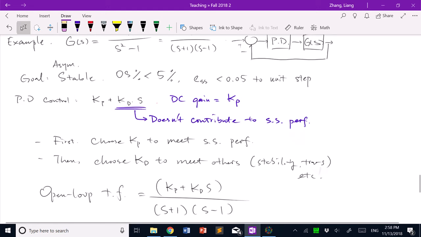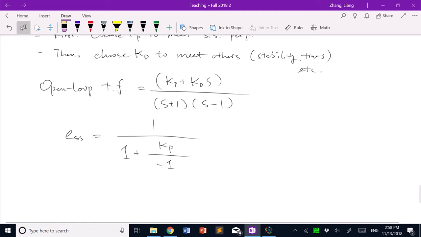I want this to be less than 0.05 or less than 1 over 20. So this will be what? Again, we can view this from multiple angles, and we discussed this.